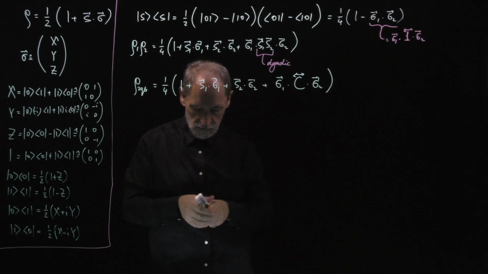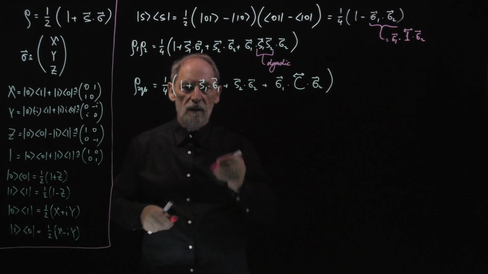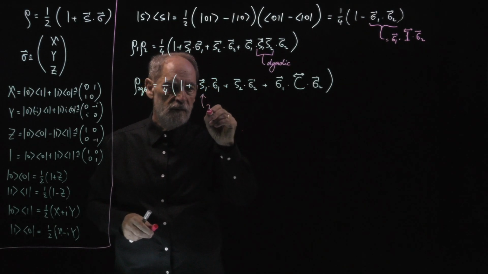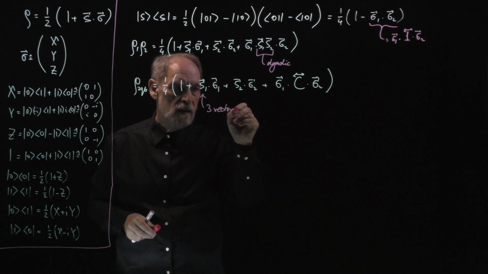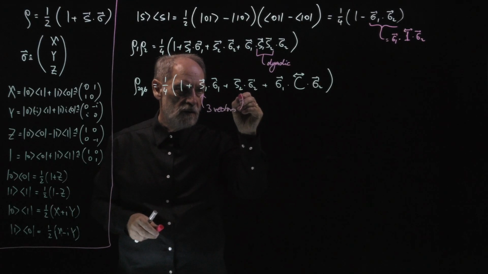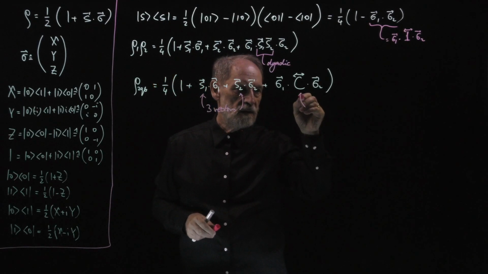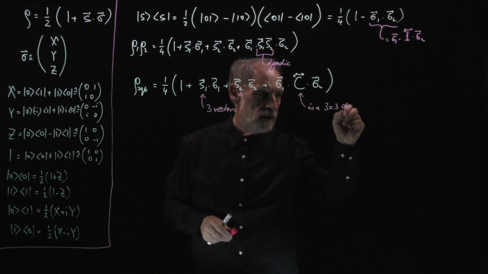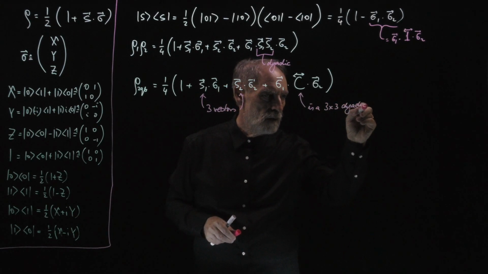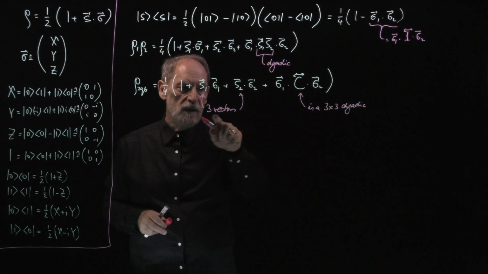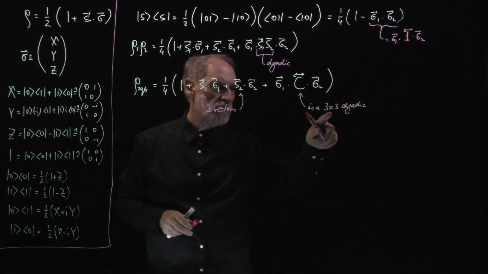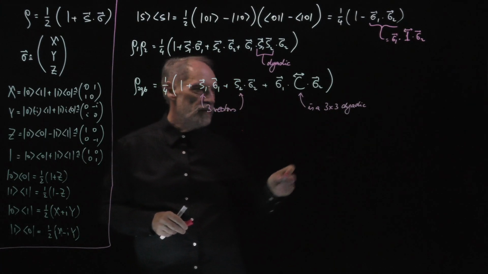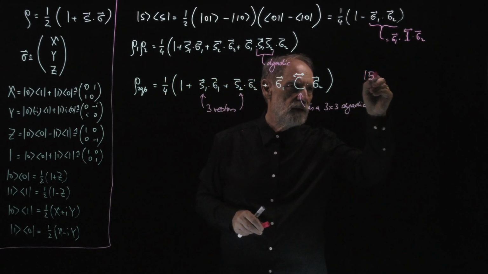And so this is a 3 vector, and this is also a 3 vector, and this is a 3 by 3 dyadic. So in total we have 3 plus 3 plus 9, which is 15 parameters in total.